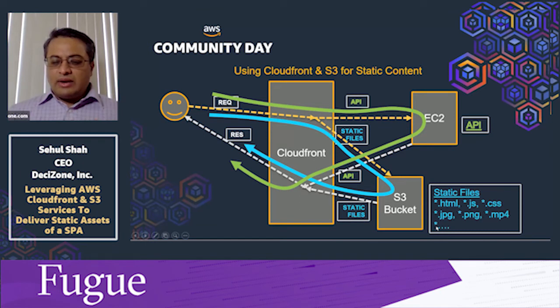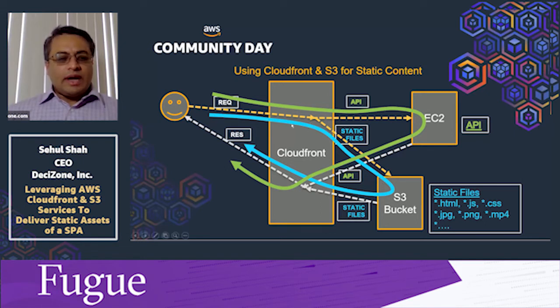All the static files are saved inside your S3 bucket. When the request comes to CloudFront, we have configured it in such a way that the REST API calls go directly to the EC2 instance, your application server, which is going to respond to that REST API request.